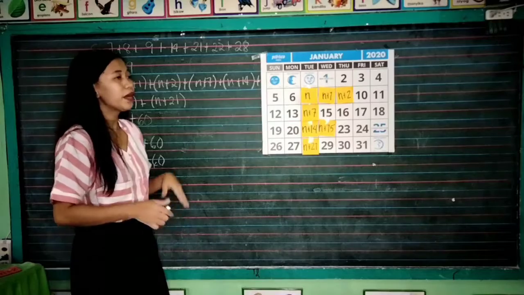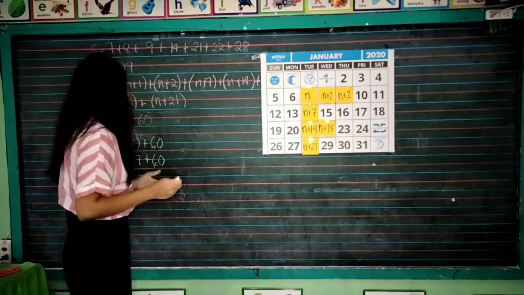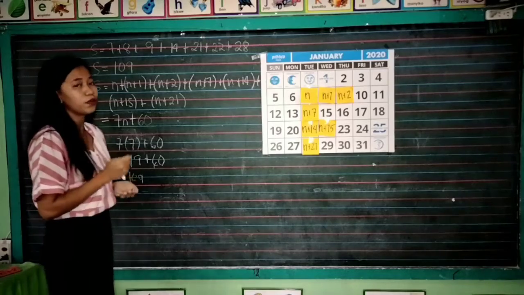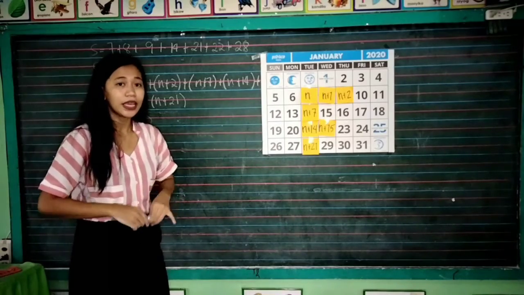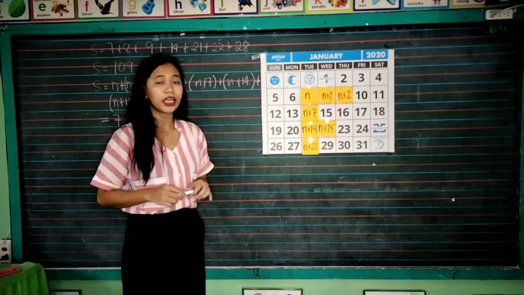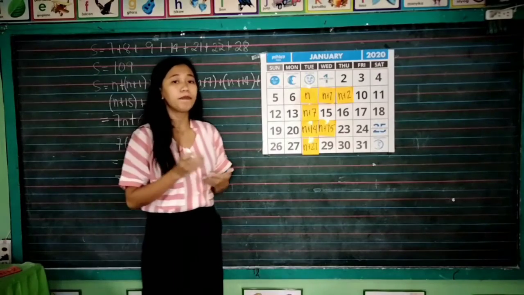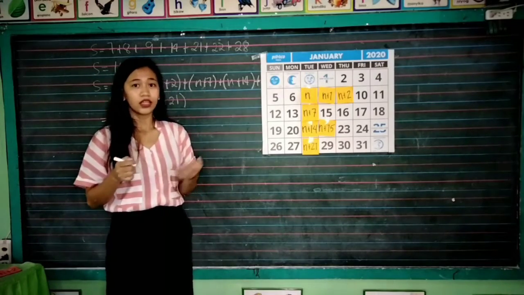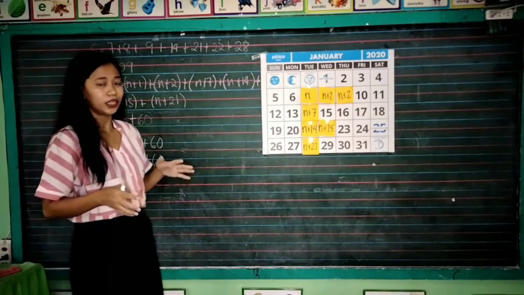So para masabi natin na applicable, na legit yung ating general formula, ang gagawin naman natin ngayon ay prove natin siya using mathematical induction. So kanina, sabi natin mayroong 3-step in proving this formulas using mathematical induction.